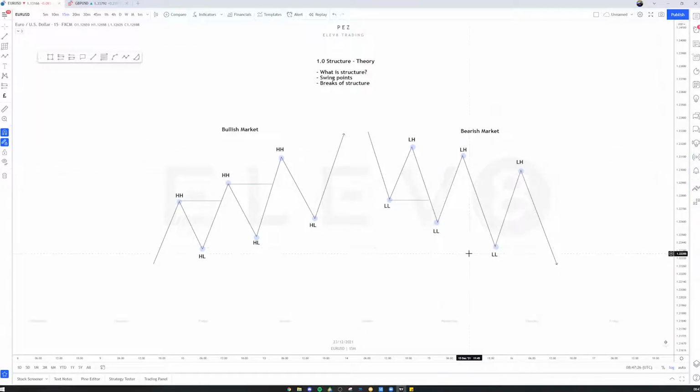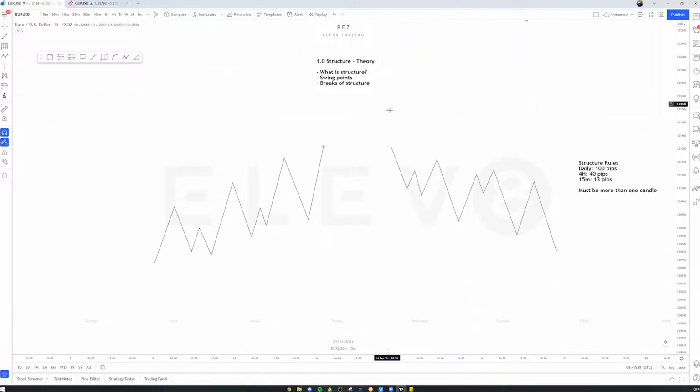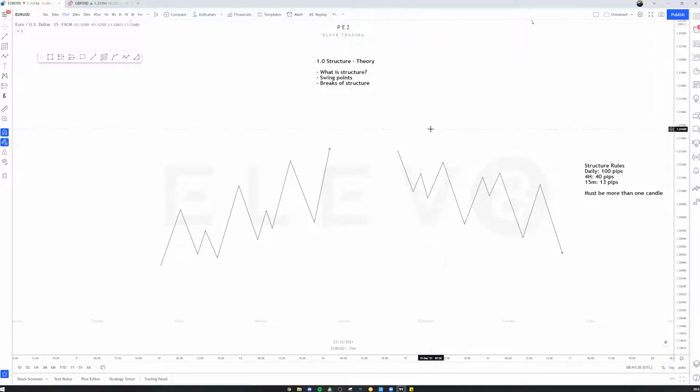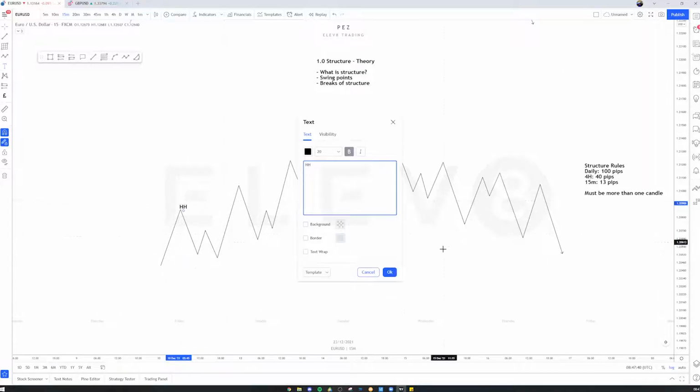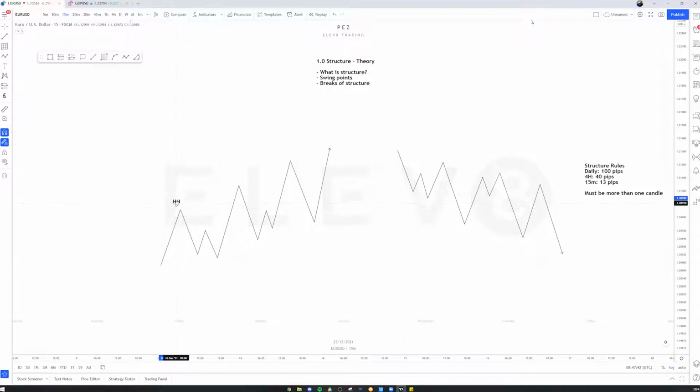Let's move on to a more complex example where we can identify this happening. Here we have a bullish trending market. We can see we're making higher highs and higher lows, and we're going to put on our swing points here so we can identify where those are.